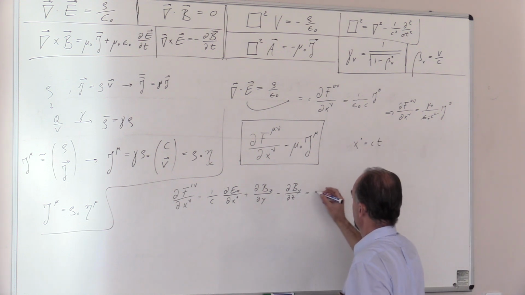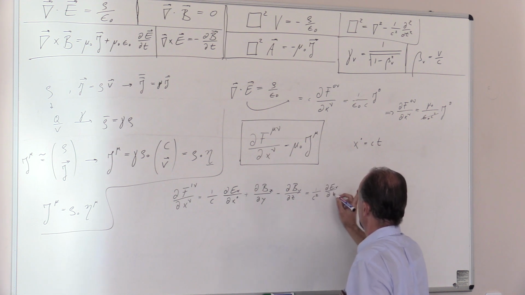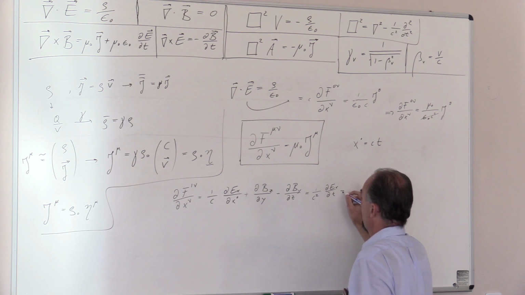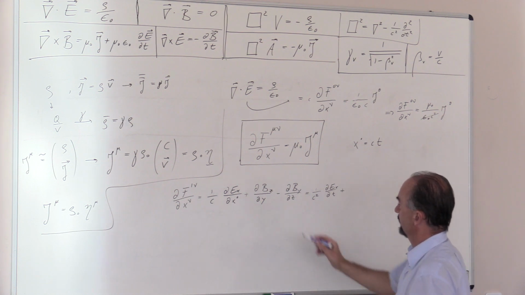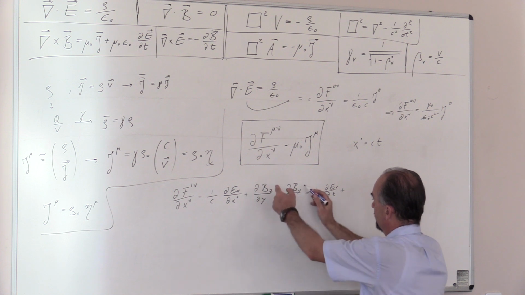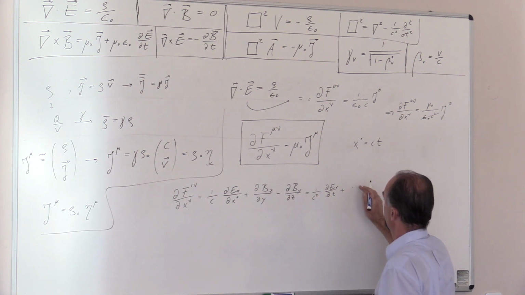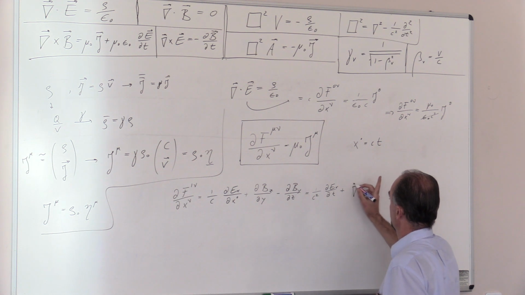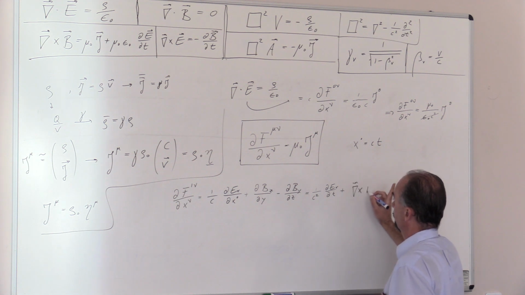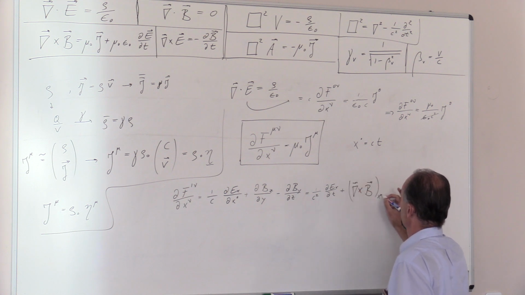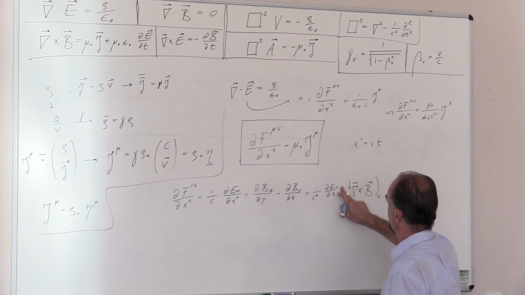So what we have here is 1 over c squared dE_x over dt, and we have here dB_z over dy minus dB_y over dz. That is the curl of B, the x component, and in fact this is a minus.